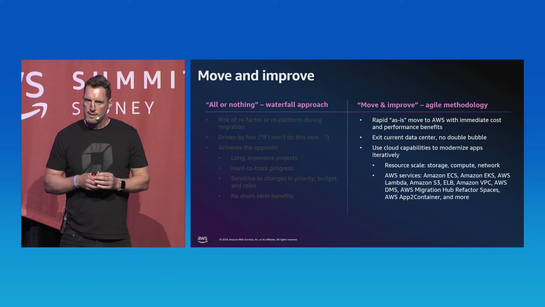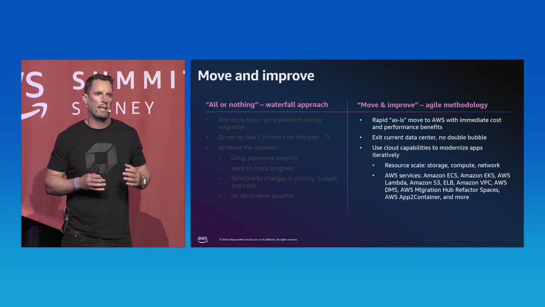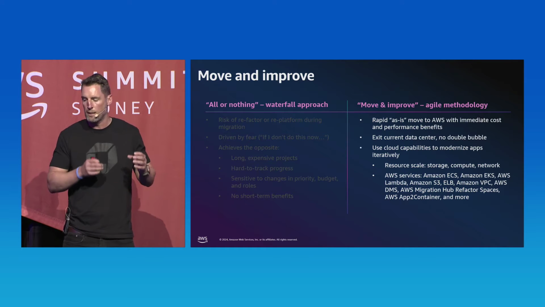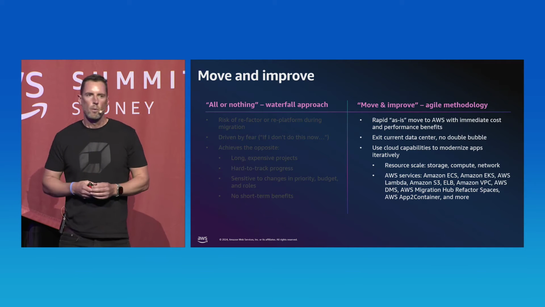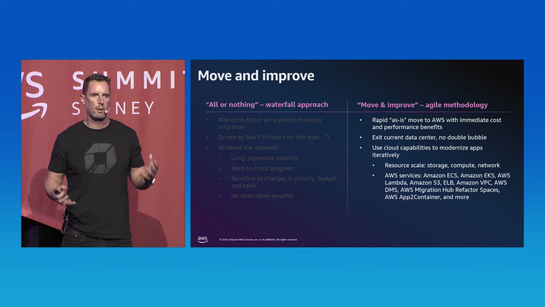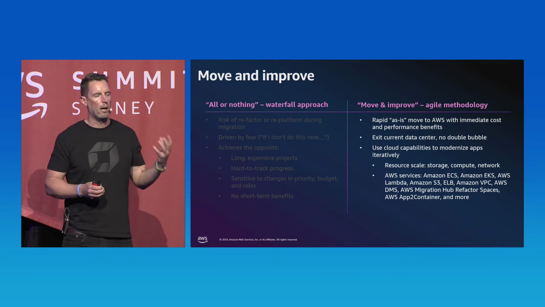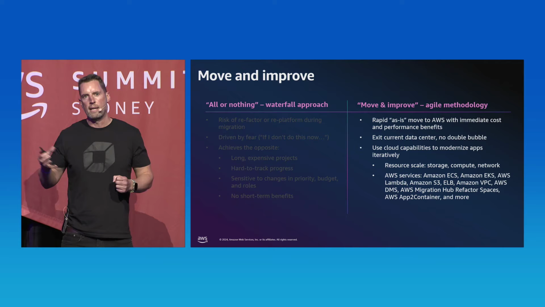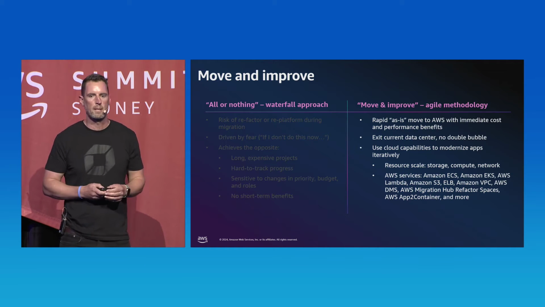The benefit here is that during migration, our teams will have gained a lot of competency and familiarity with AWS's cloud services that make it much simpler to modernize after migration. We also avoid the operational complexity of having to maintain our legacy data center and our new target cloud environment in parallel, as well as the cost implications because of that.